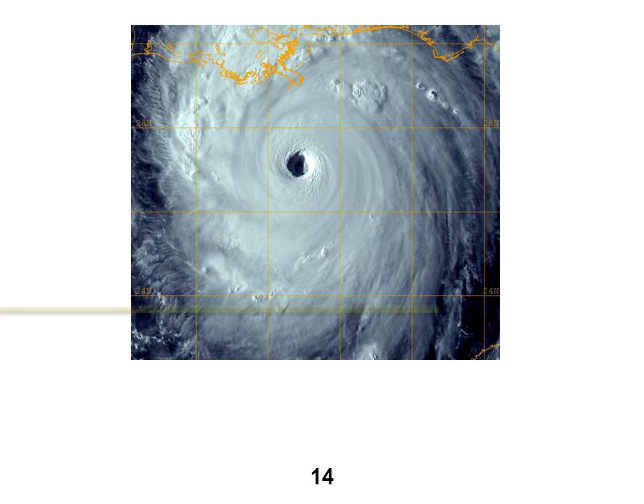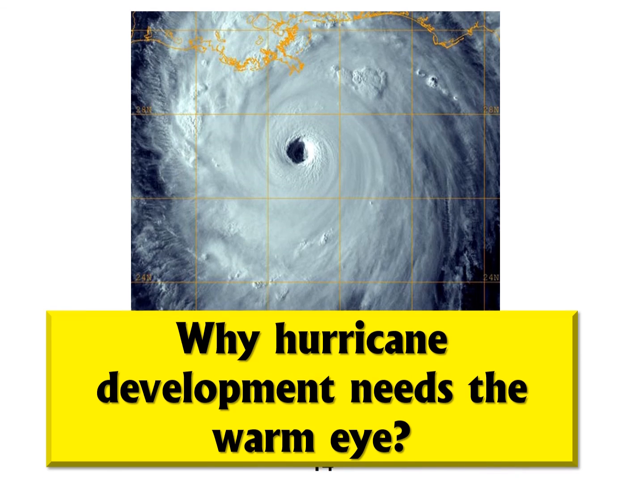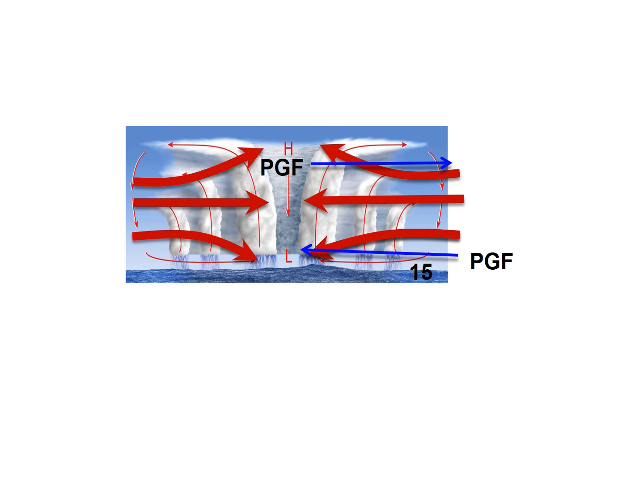This is very important, because the warm eye causes isobar expansion that produces PGF at the surface, makes the air convergence at the surface, and makes the airflow diverge aloft.